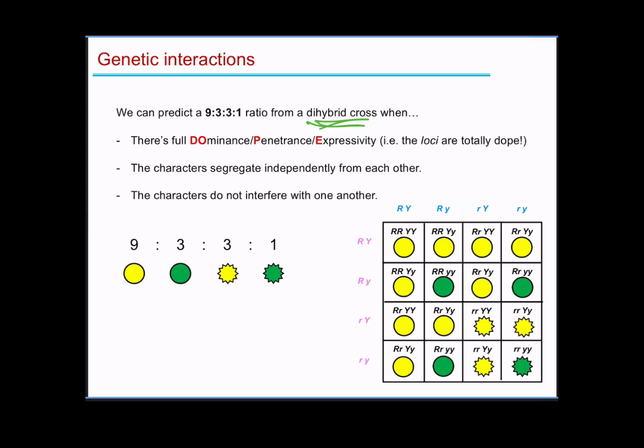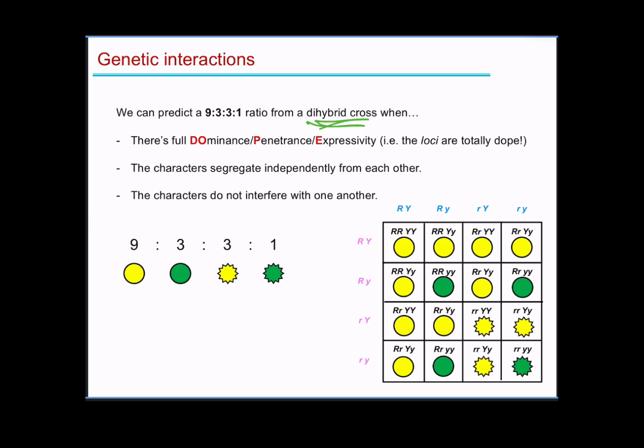So totally dope loci are those that show full dominance, penetrance, and expressivity. And that matters because when those conditions are met, there is a distinct and clear-cut mapping between genotype and phenotype.